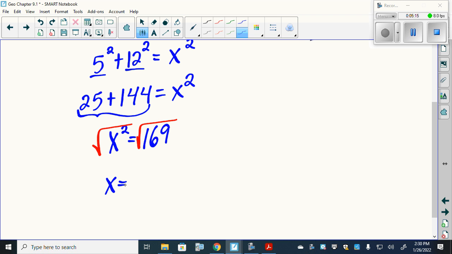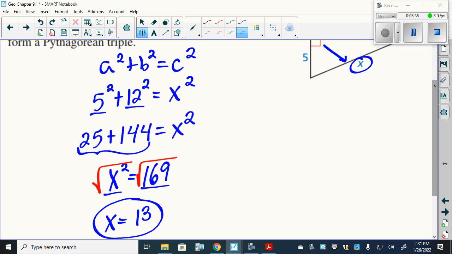So here we're trying to figure out what times itself would be x squared, which would be x. And for 169, we're trying to figure out what number times itself would be 169, and that would be 13. We could type the square root of 169 into the calculator, which tells us that this missing side length is 13.